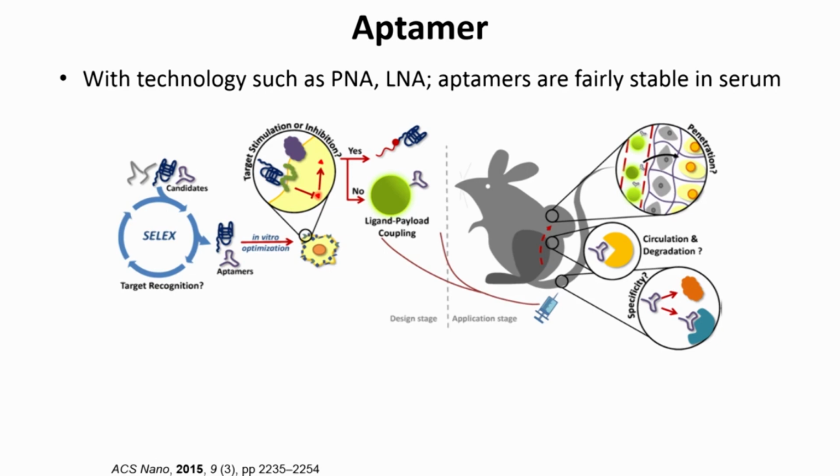So, here is your SELEX. What you can do is you can have a library of lots and lots of these aptamers in here. So, let us say this is a library of aptamers. And so, you then put your target in that library and screen if anything is binding to your target.